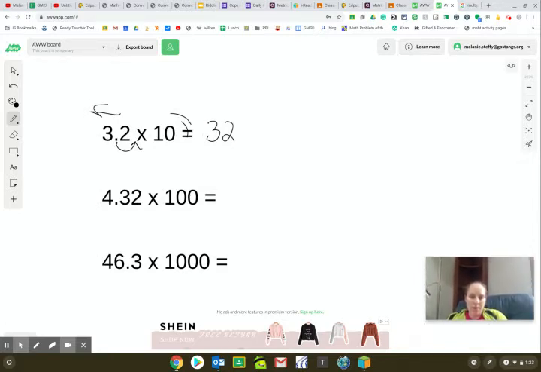So if I have 4 32 hundredths times 100, my digits are shifting 2 place values to the left because they're getting 2 times greater, or 100 times greater. So I just move my decimal point 2 places to the right.